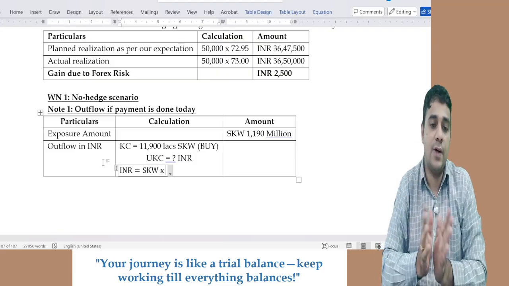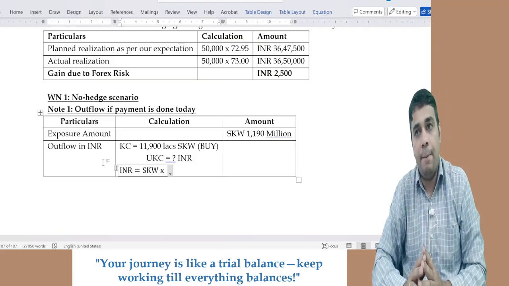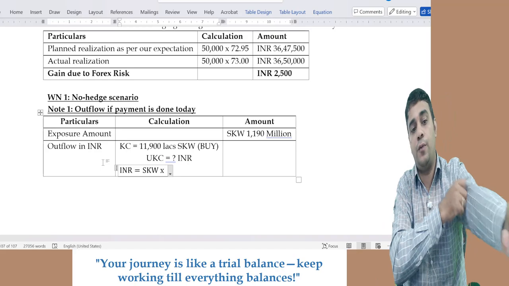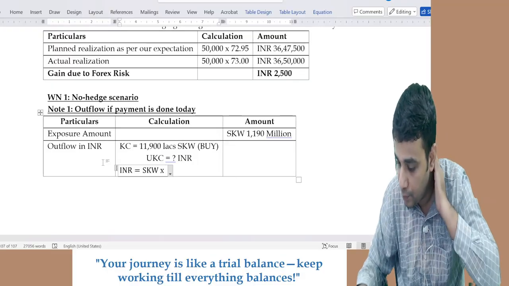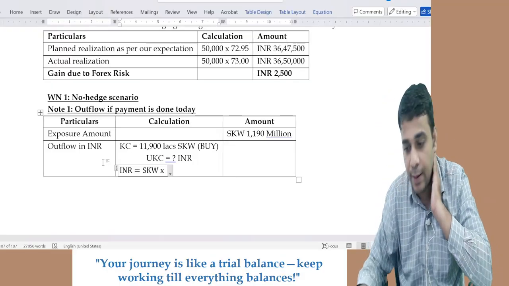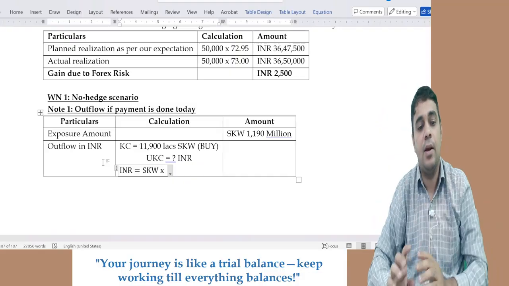In this question, first we are analyzing, if the outflow happens today, what will be the outflow for us? Exposure amount is SKW 1190 million.